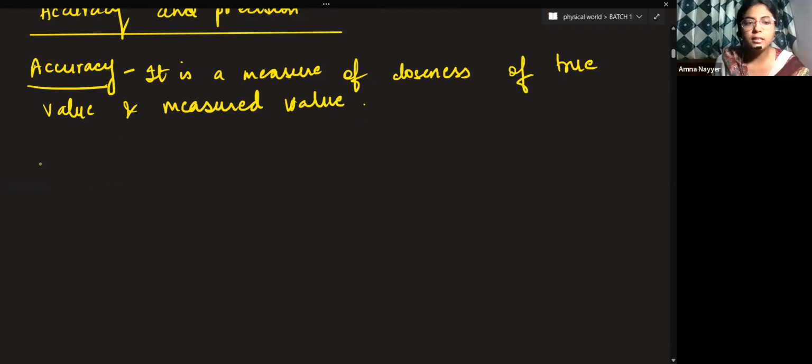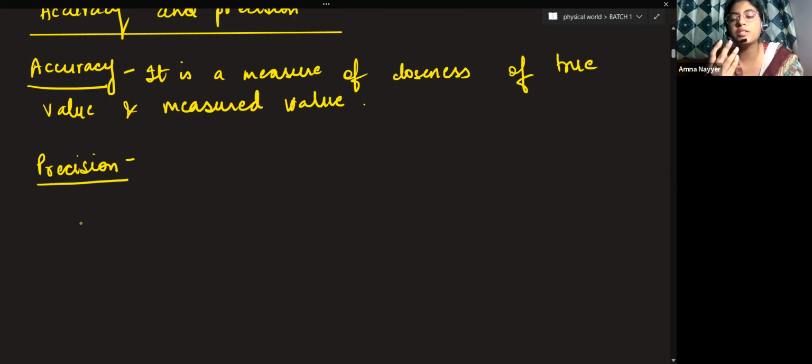Now, the second term that you have is precision. Precision is the measure of closeness of the measured values with each other. For example, person A and person B. I have given them an object and asked them to calculate its length.